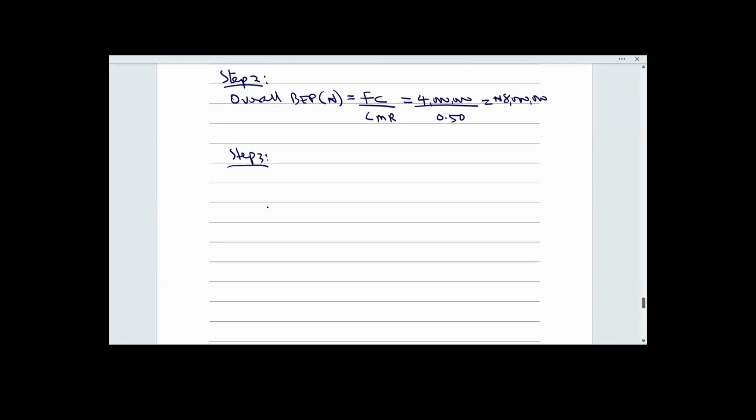Step 3, you calculate sales mix. To get the sales mix, you divide the sales of each product by the total sales.